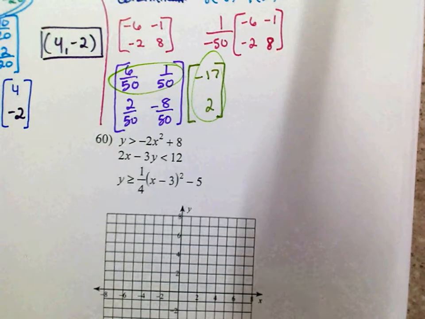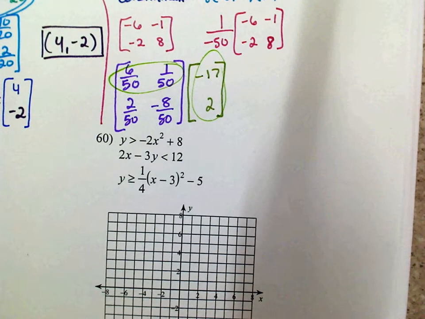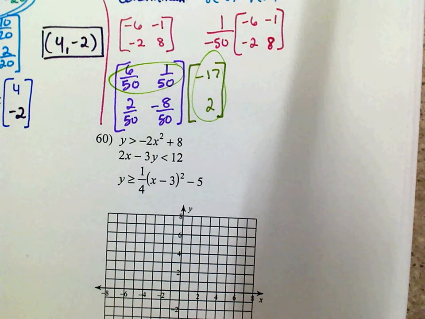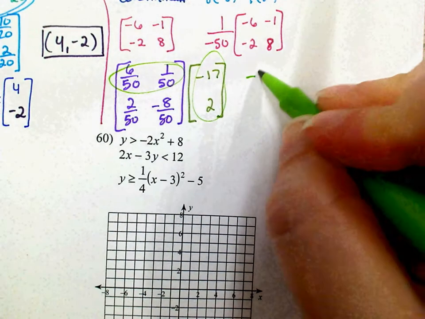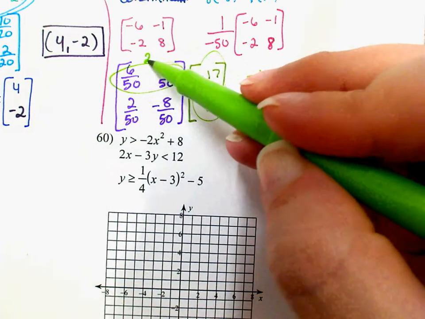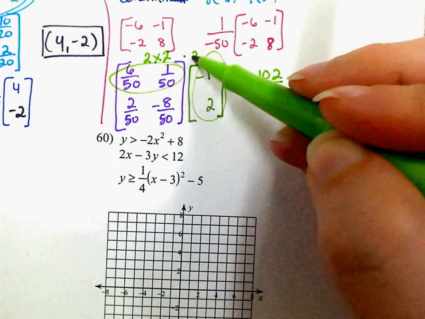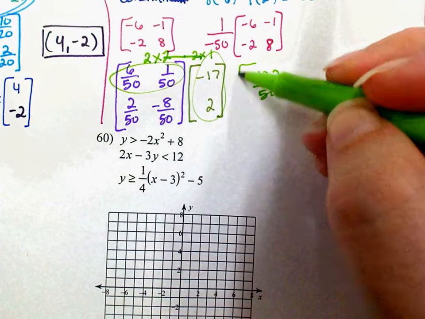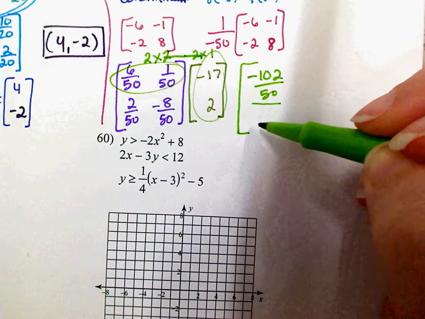6 times 17 is 6 times 10, which is 60, plus 6 times 7, which is 42, so 102. Is that what I got? So -102 over 50. Remember that a 2 by 2 times a 2 by 1 is a what? 2 by 1. So I've got 2 rows, 1 column.